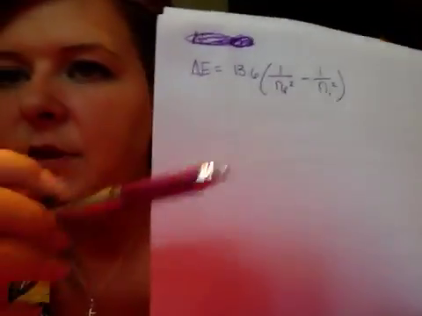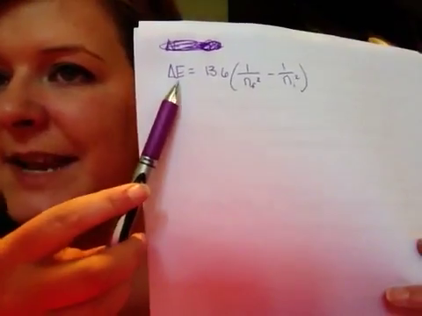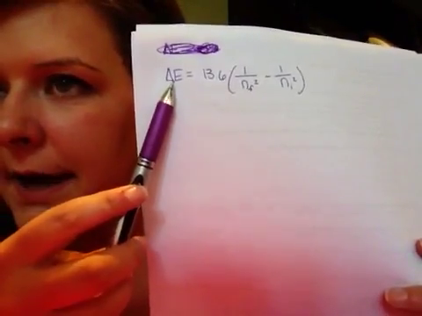So I know my E is equal to 13.6 times 1 over the final energy level squared minus 1 over the initial energy level squared. So I need to do this first because I need to find this.